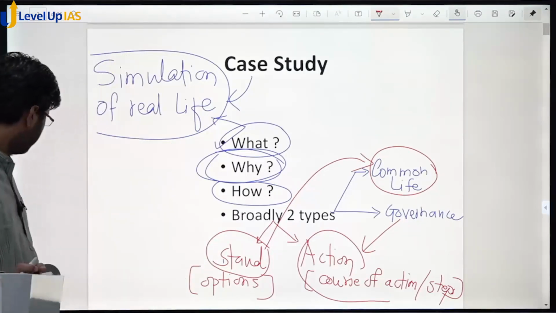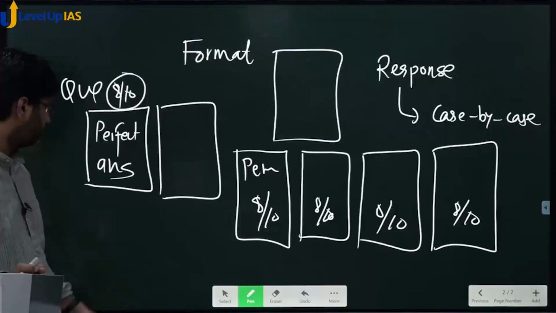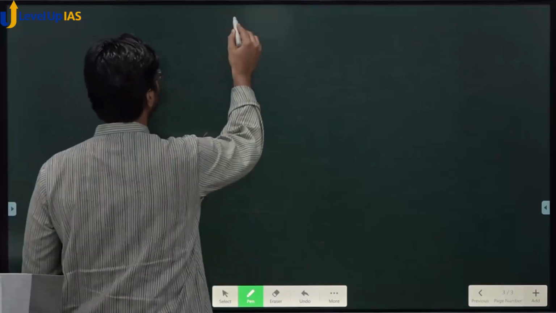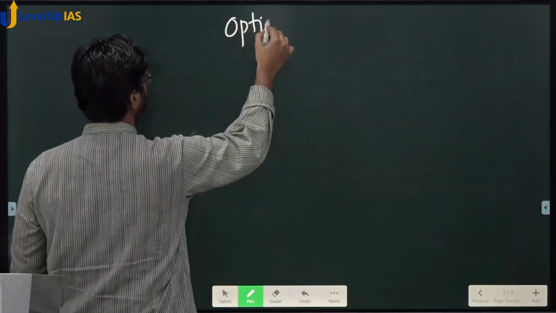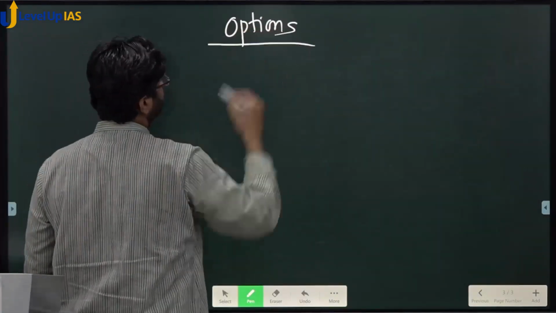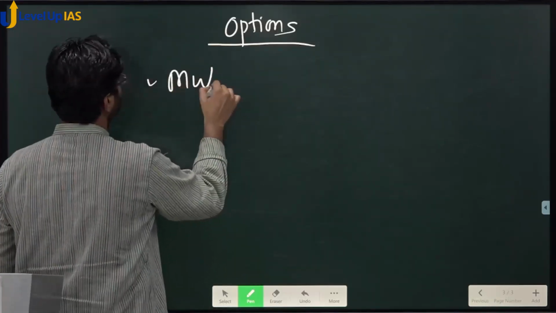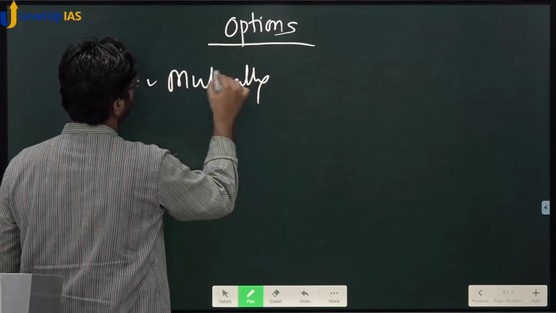See, whenever UPSC asks about options, many people make this mistake. In your case study, whenever they are talking about options, what all options do you have? Options are always mutually exclusive. Please try to understand this.